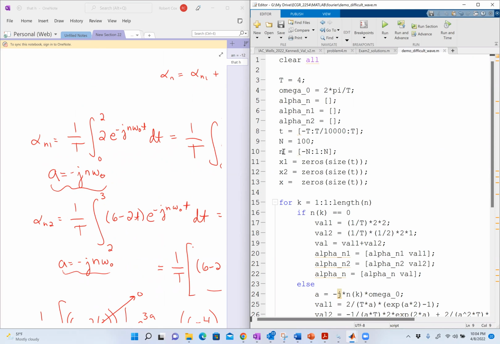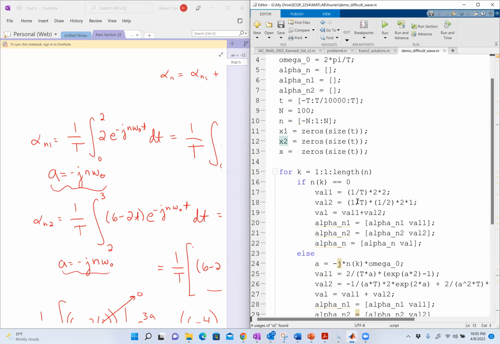So I create an n vector that goes from -100 in steps of 1 to 100. Then I'm ultimately going to plot x1 and x2, so I make vectors full of zeros for x1, x2, and x.